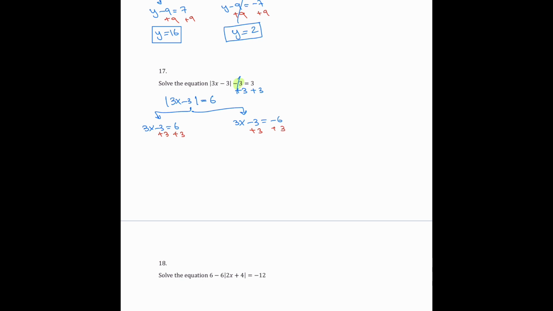And then the first equation is going to give me 3x is equal to 9. I will divide both sides by 3. I will get x is equal to 3. The second one is going to give me 3x is equal to negative 3. You're going to divide both sides by 3. And we're going to end up with x is equal to negative 1.